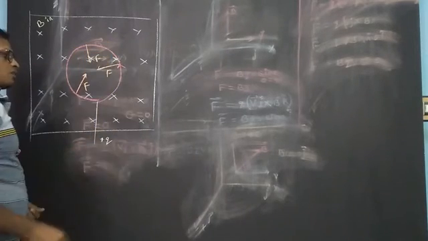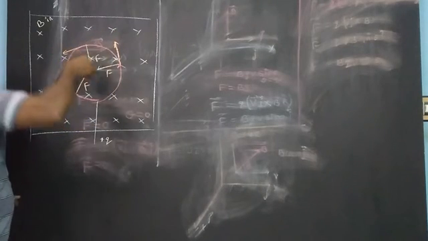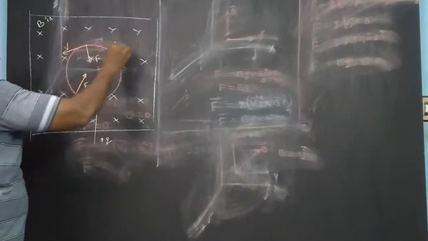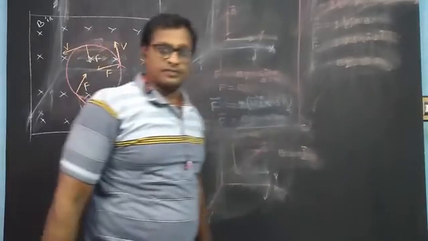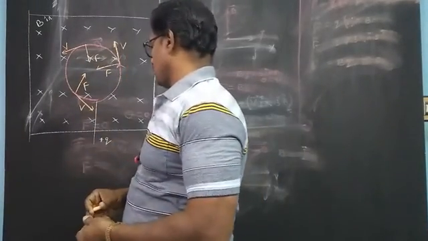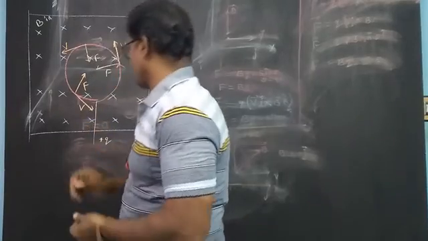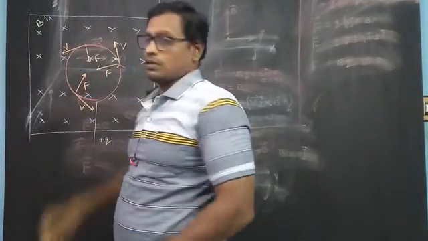So due to the Lorentz force, the velocity is in this form. This is the direction of the velocity. Due to the Lorentz force acting on a charged particle while entering into the magnetic field, it attains the circular path because of the Lorentz force.